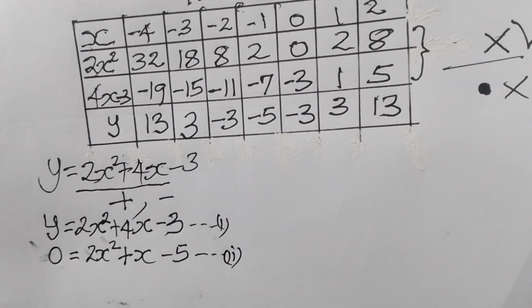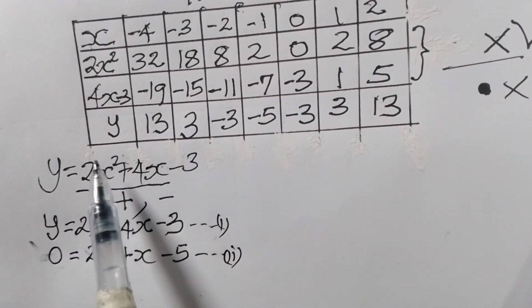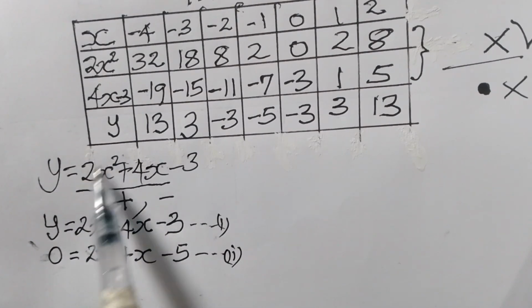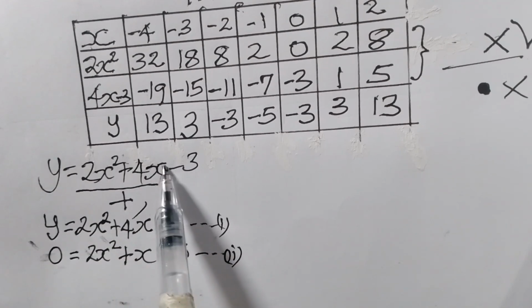Under a quadratic equation, if we can be able to eliminate the term with x squared, the whole of this term, 2x squared, it means then that the function reduces into a linear equation.